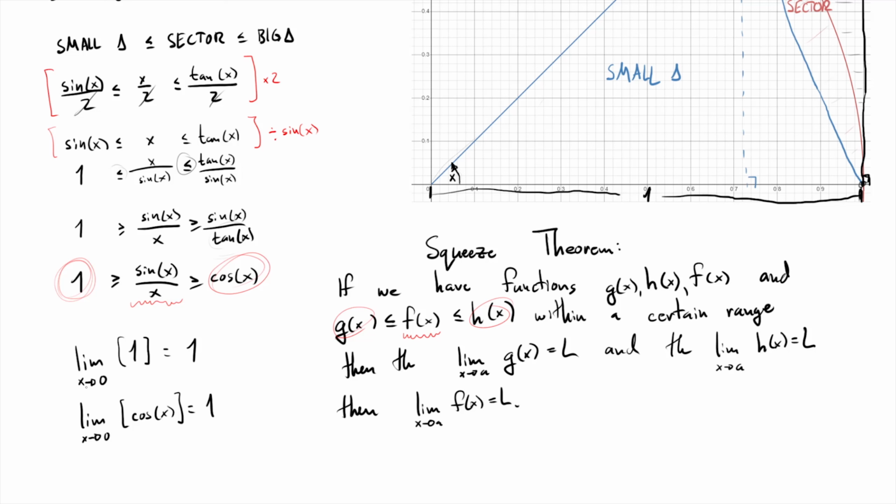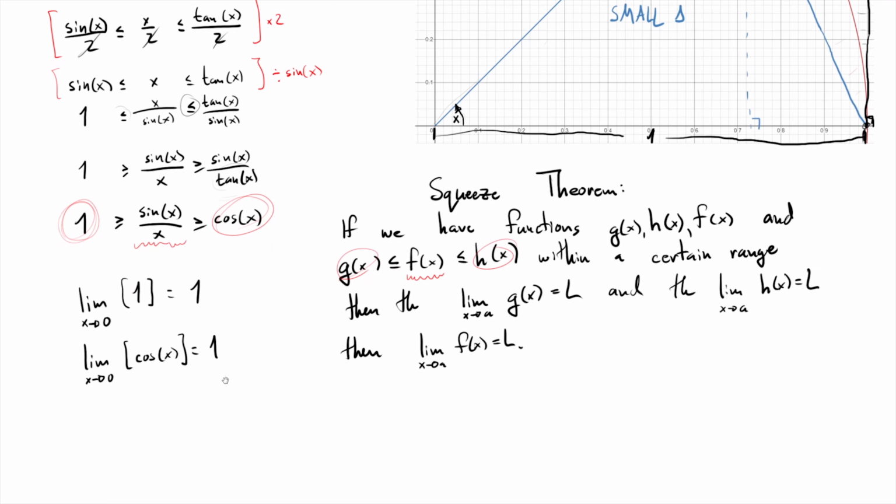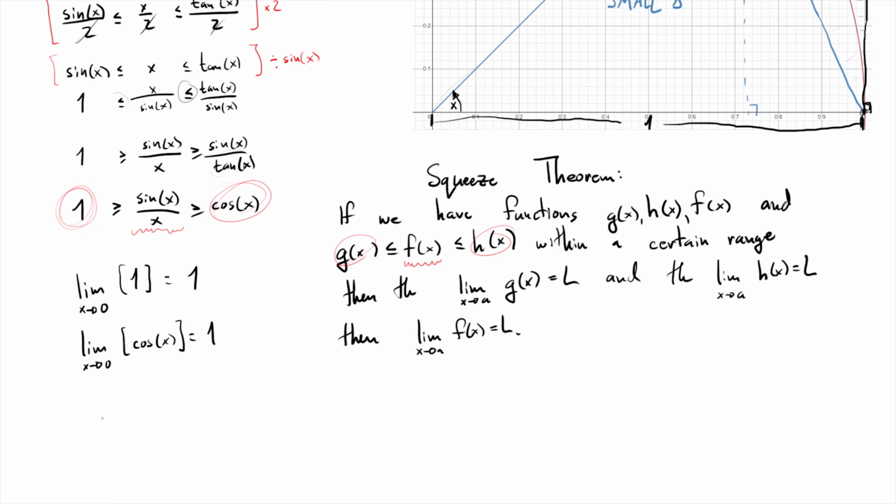So since the limit of the left-hand function and the limit of the right-hand function both go to 1, then we can say with certainty, due to the squeeze theorem, that the limit as x goes to 0 of our function sine x over x is equal to 1.